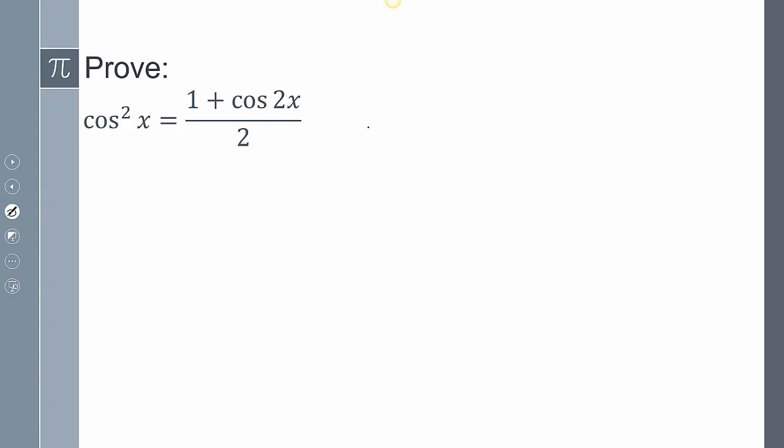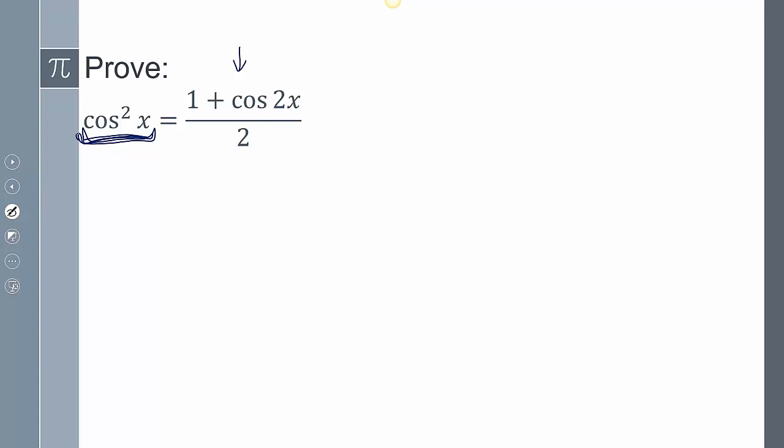Cosine squared x equals 1 plus cosine of 2x over 2. So this side looks like the more complicated side. Now, because this does all equal cosine, I know that there's 3 possibilities for the cosine identity. 2 of them have sine in it. Well, since this side only has cosine, I probably don't want to use the 2 that have sine in it.